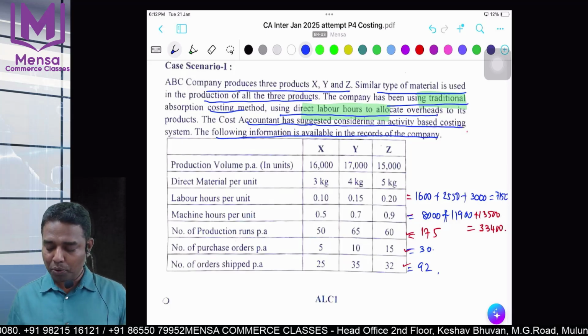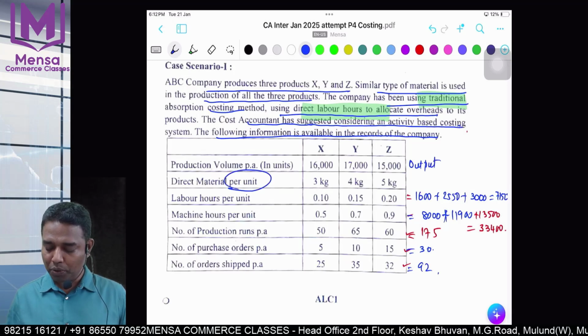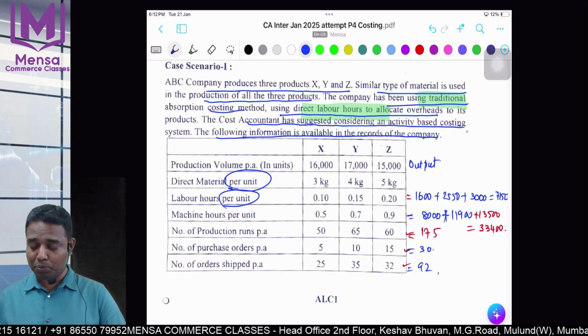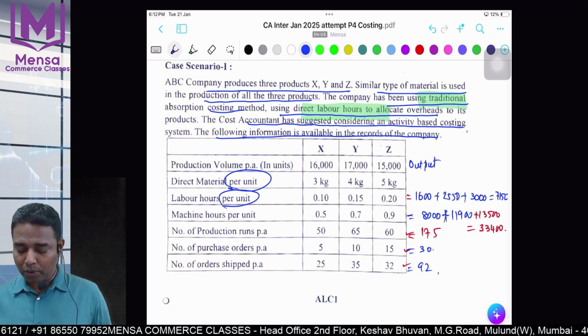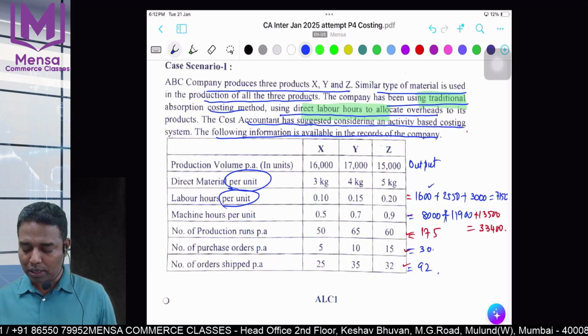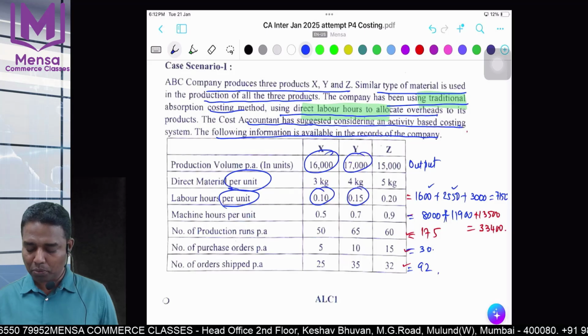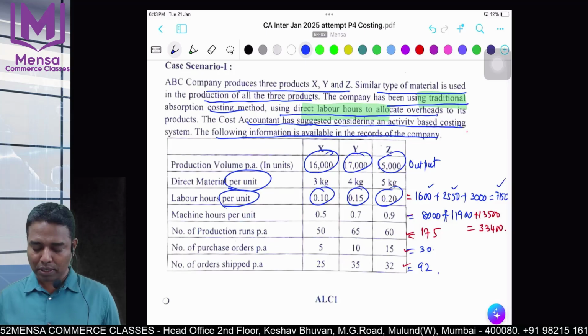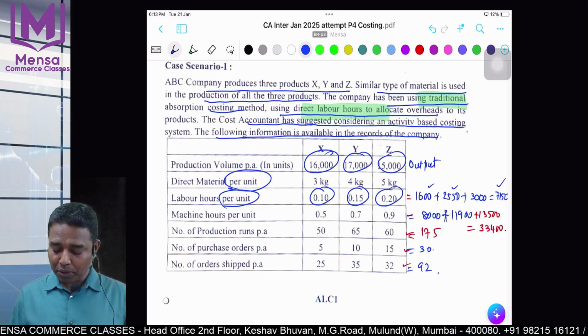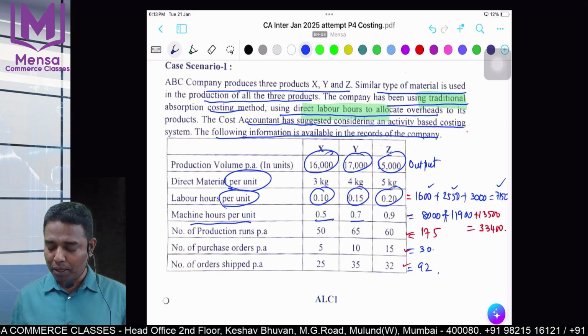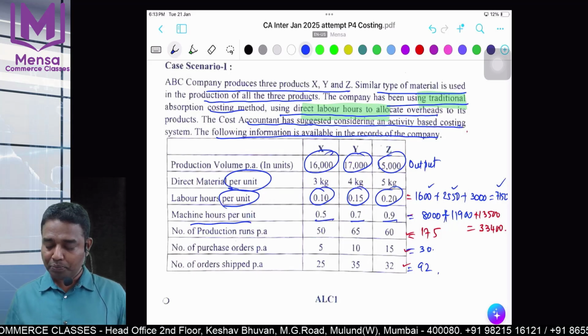This is the output of X, Y, Z, direct material per unit, labor hours per unit. So we have done the calculation. For labor hours it should be 16,000 into 0.1, 17,000 into 0.15, 15,000 into 0.2, the total comes to 7,150. Then machine hours per unit is 0.5, 0.7 and 0.9.